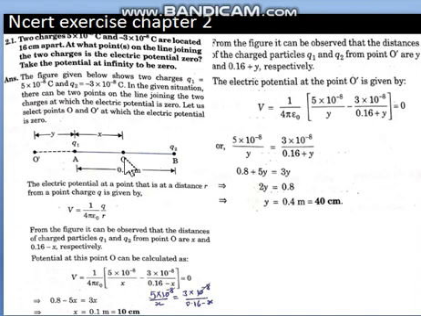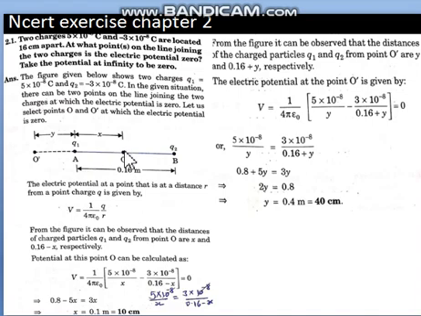Just now think only about O point, don't think about O dash. We are solving for O point. Now the potential formula due to a single charge is 1 upon 4 pi epsilon 0 q by r, or kq by r. It is told in the question that the net voltage here is 0. So firstly we will find the net voltage and then we will equate it to 0.